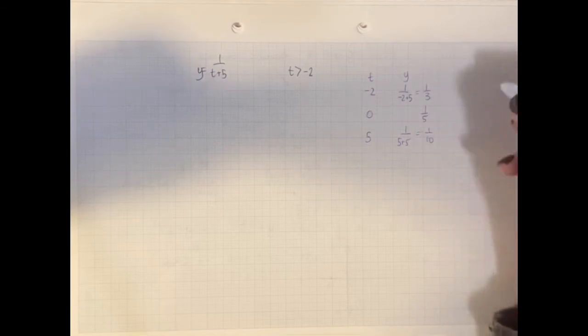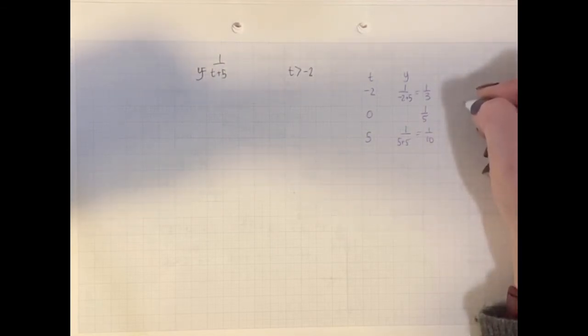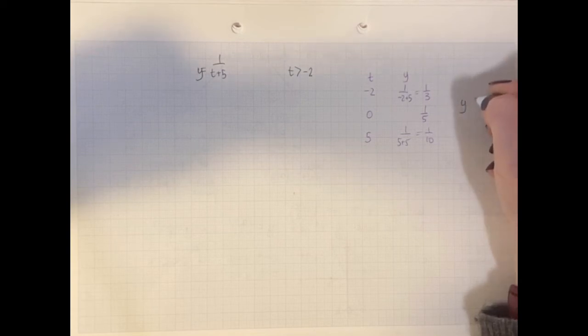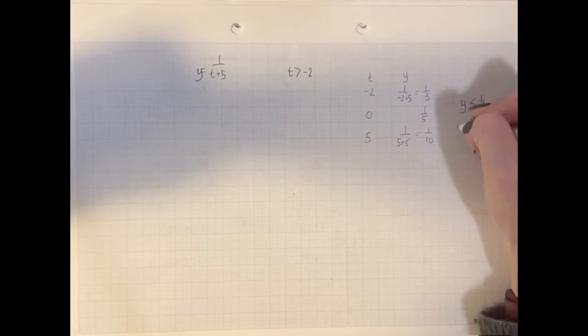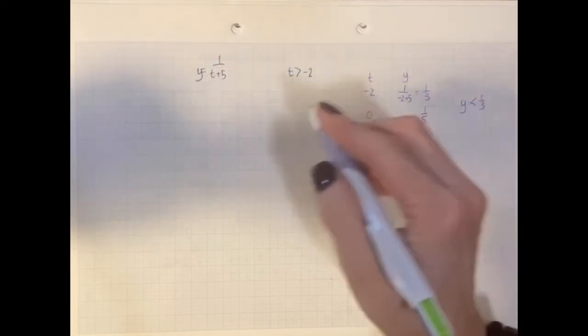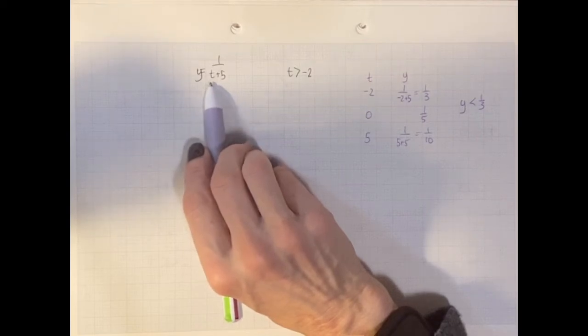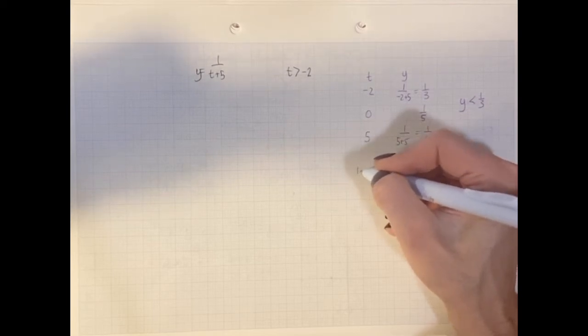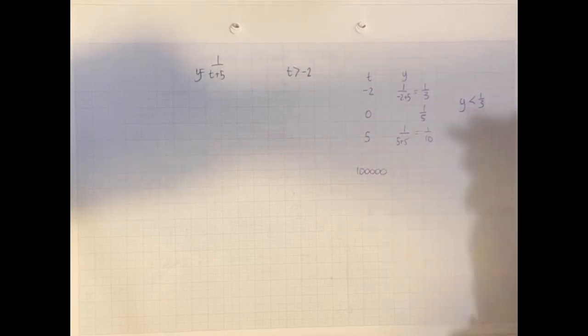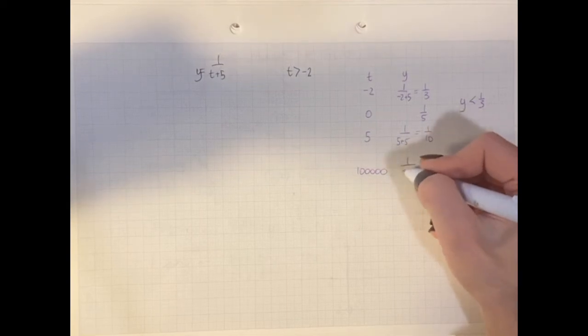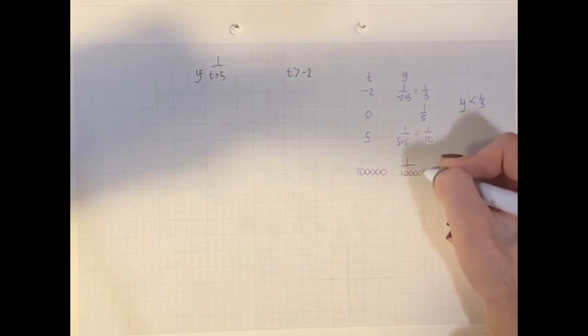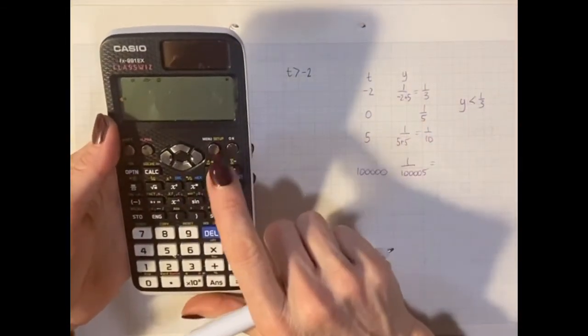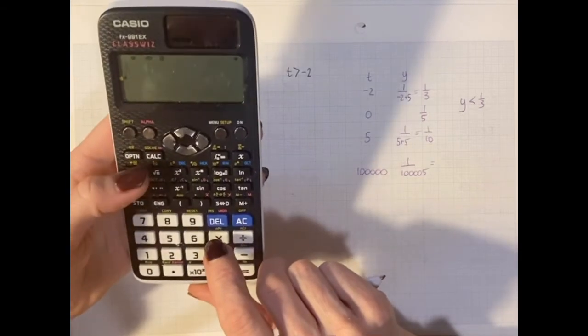So you might be thinking the possible values of y will be less than or equal to 1/3. But this is where you don't stop. If I try to put a really big number for t, so always for reciprocal try something very large, let's put, I don't know, 100,000, then you will have 100,005. And if I put this into the calculator, you will have 1 over 100,005.